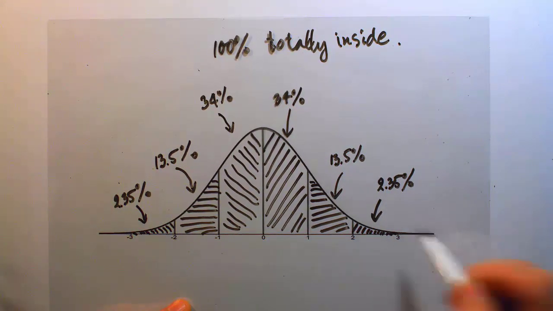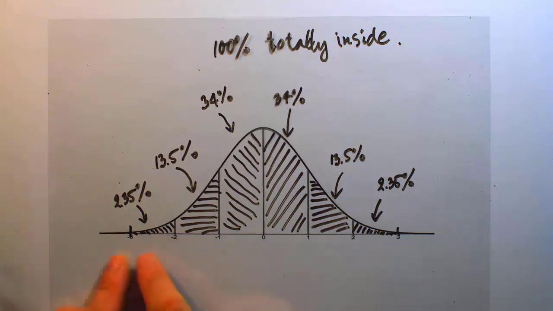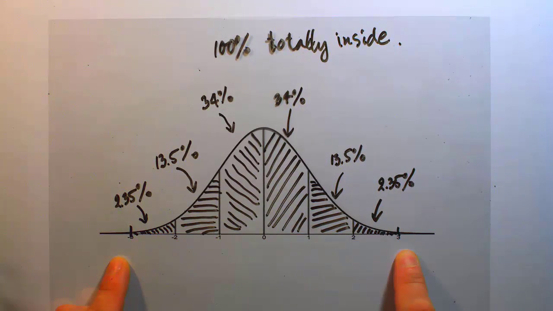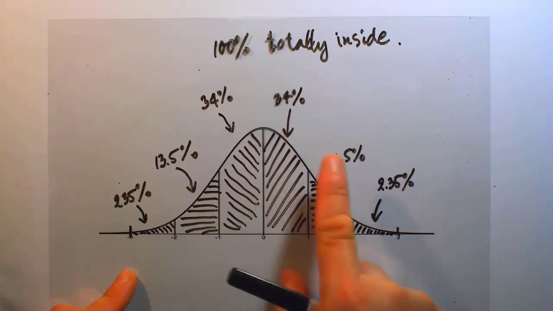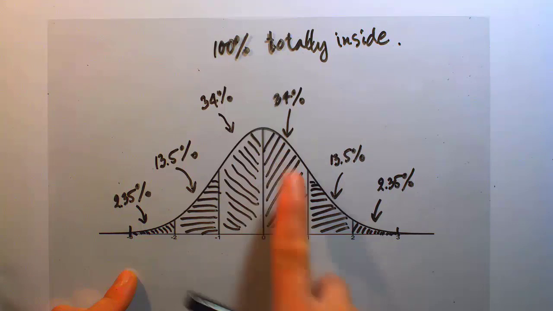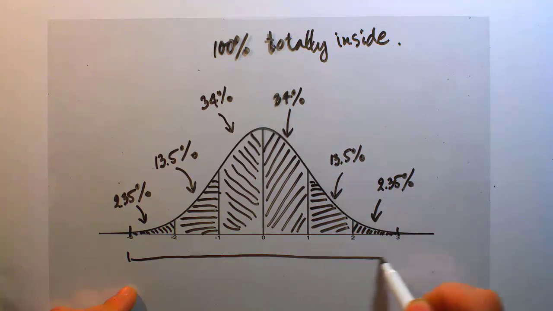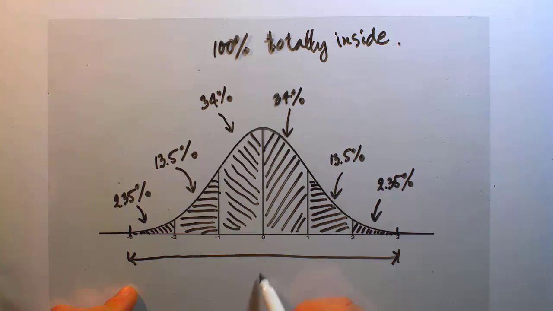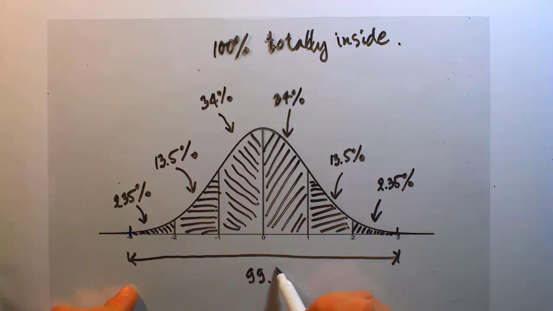And then the cut from 3 standard deviations below mean to 3 standard deviations above mean. Think about that once again. If we add all of these little areas together, 2.35 plus 13.5 plus 34 plus 34 again plus 13.5 plus 2.35, that long interval from 3 standard deviations below to 3 standard deviations above, all of that area added together gets us back to 99.7%, which was stated in the empirical rule.